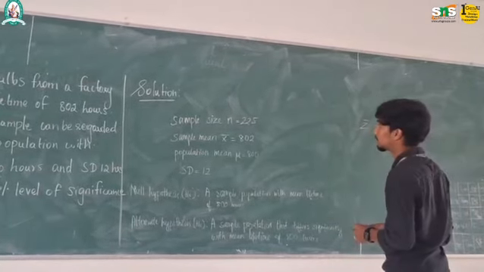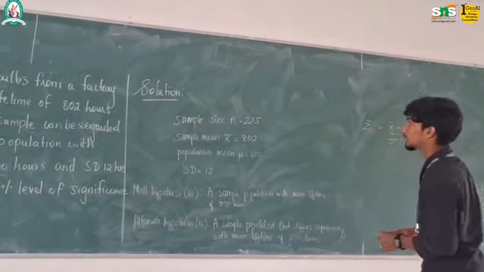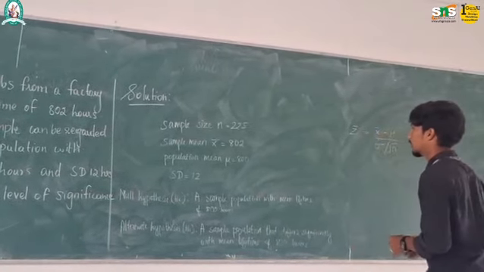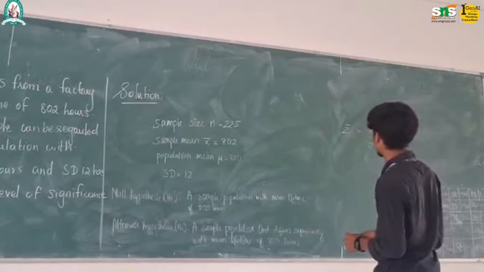Given values: sample size n equal to 225, sample mean x bar equal to 802, population mean mu equal to 800, standard deviation 12.